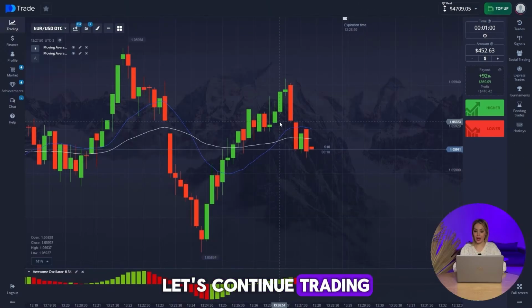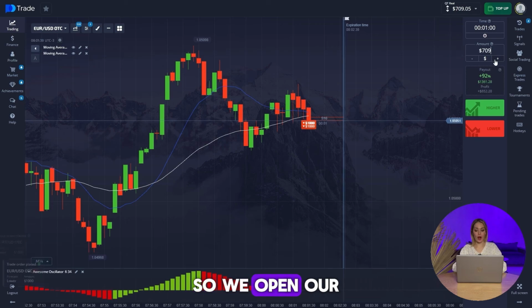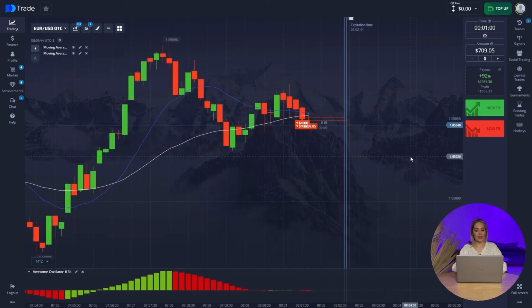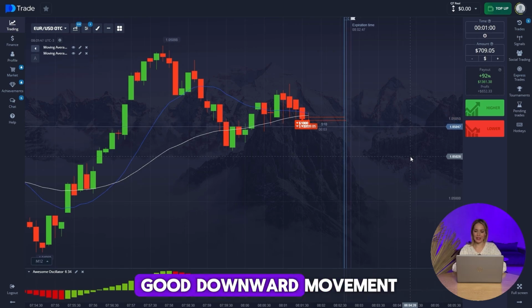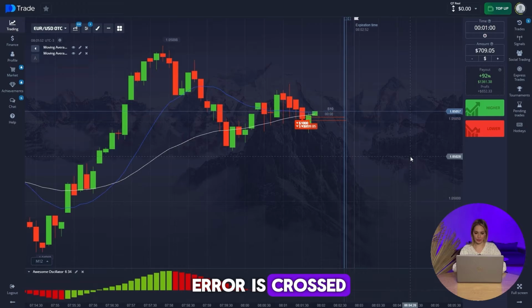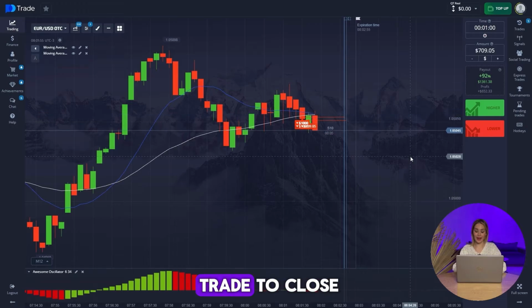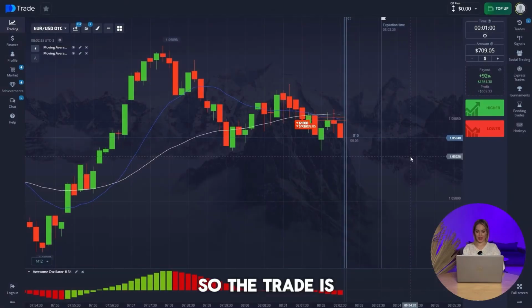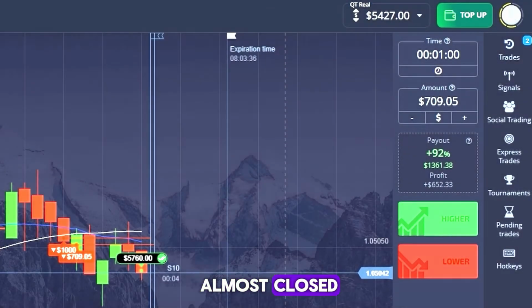Let's continue trading. So, we open our down trade for the entire amount. The oscillator shows a good downward movement, and our 2 moving averages crossed. Let's wait for the trade to close. So, the trade is almost closed.